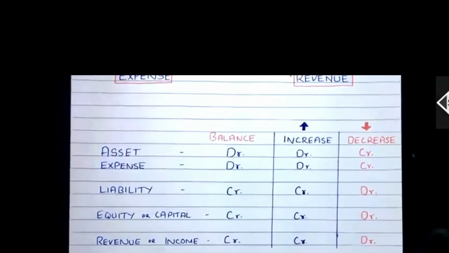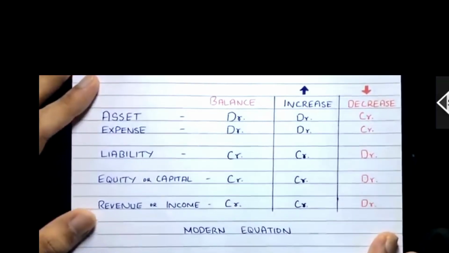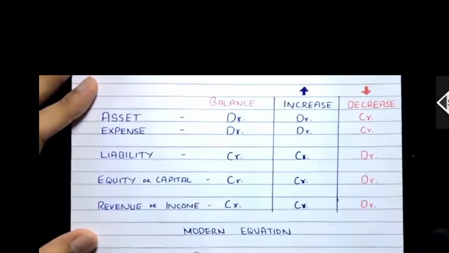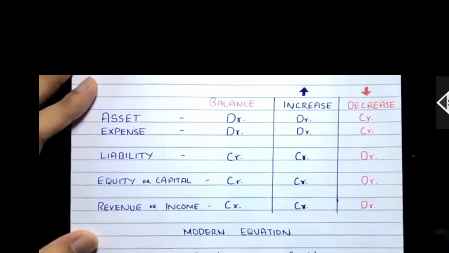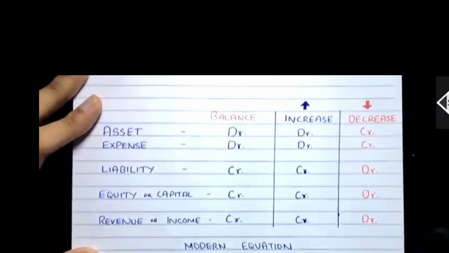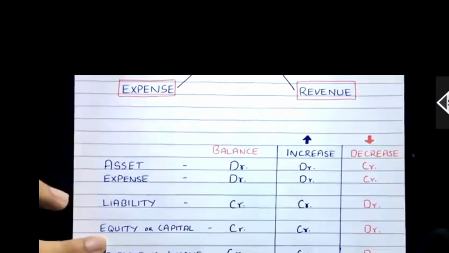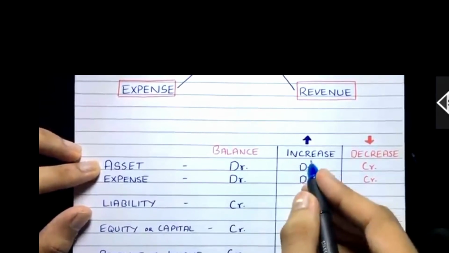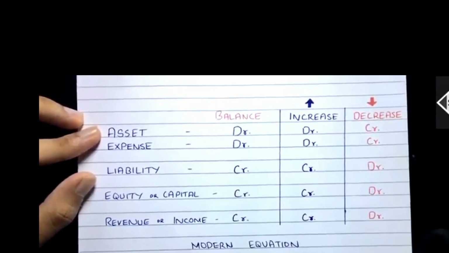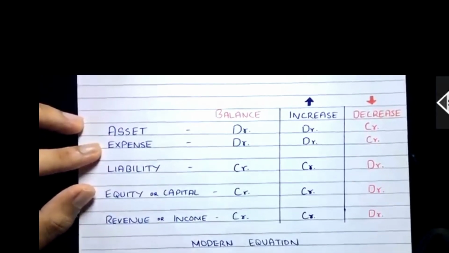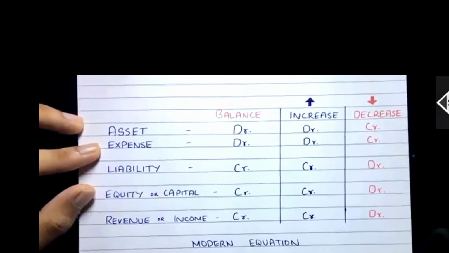So from here you can understand that debit doesn't mean plus or minus, and credit also doesn't mean plus or minus. It can be both, plus and minus also, because it depends upon the type of element. If it's an asset, for asset debit means plus. And for expense also, plus.